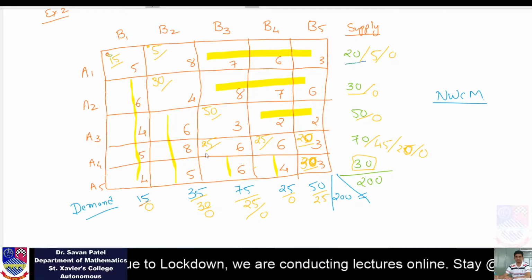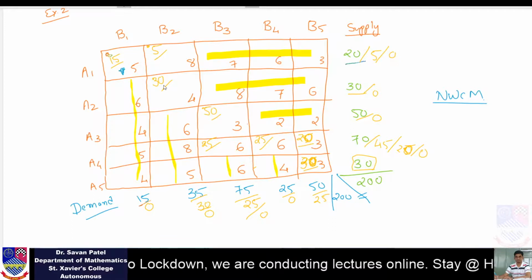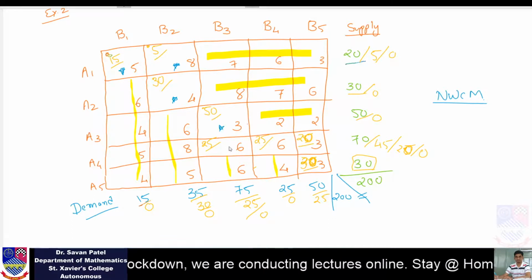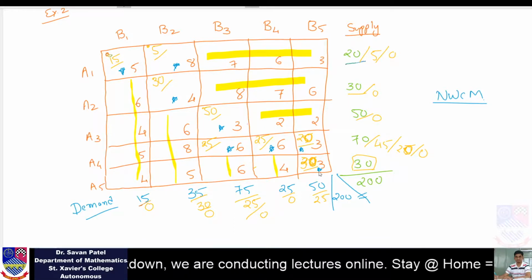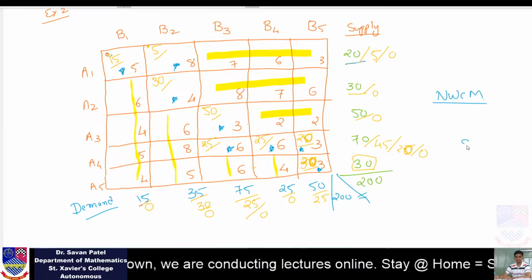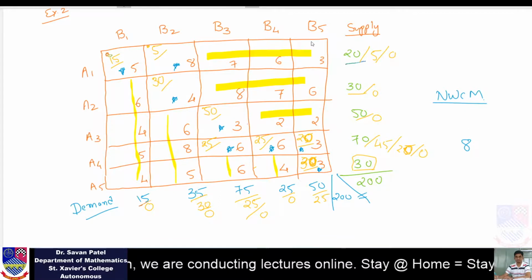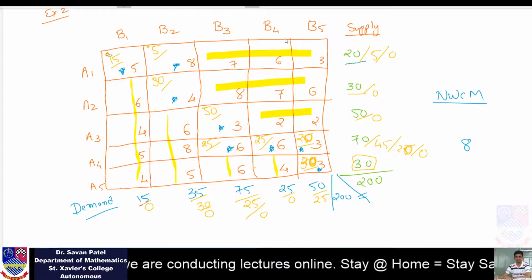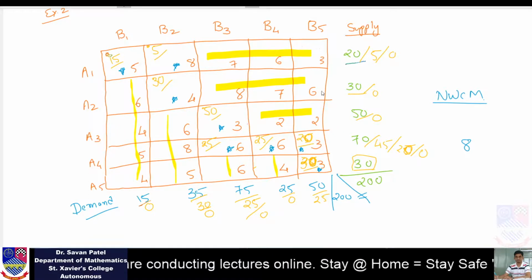So here if you calculate the non-zero entries, this is 1st, 2nd, 3rd, 4th, 5th, 6th, 7th, and 8th. So here we are having 8 non-zero entries. The number of basic solutions: the number of sources is 5 and the number of destinations is also 5.